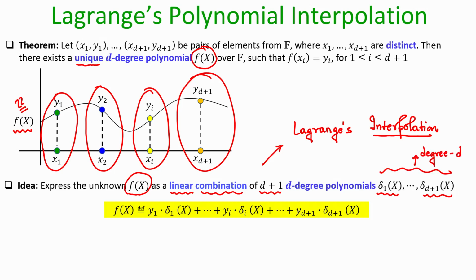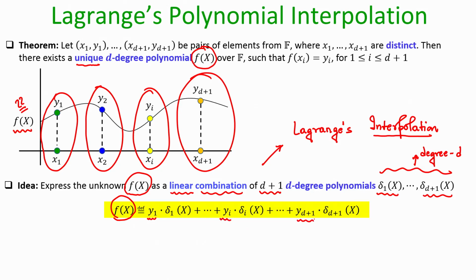We will see what the structure of these delta polynomials will be. The idea is that whatever f of x polynomial you want to compute can be expressed as a linear combination of these delta polynomials, where the linear combiners are your y elements which are given to you. Okay.